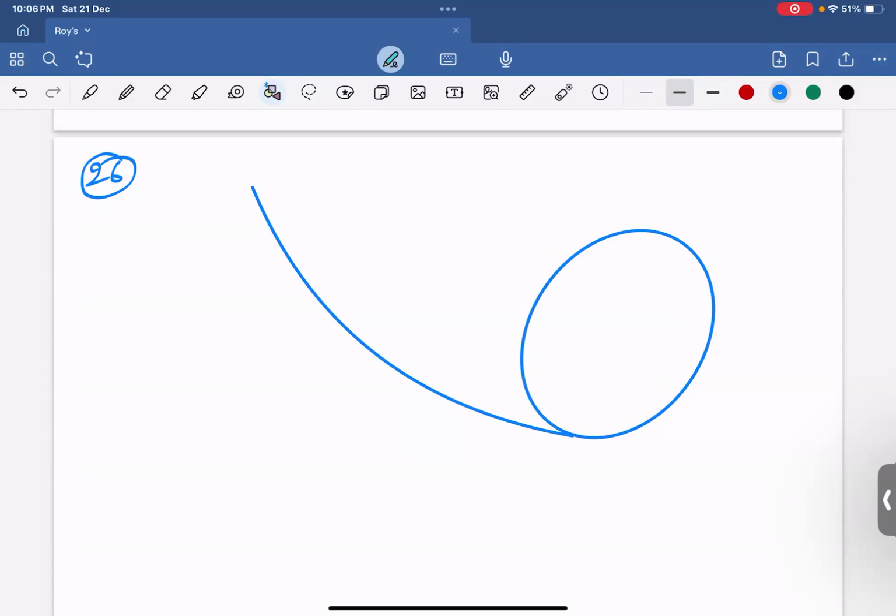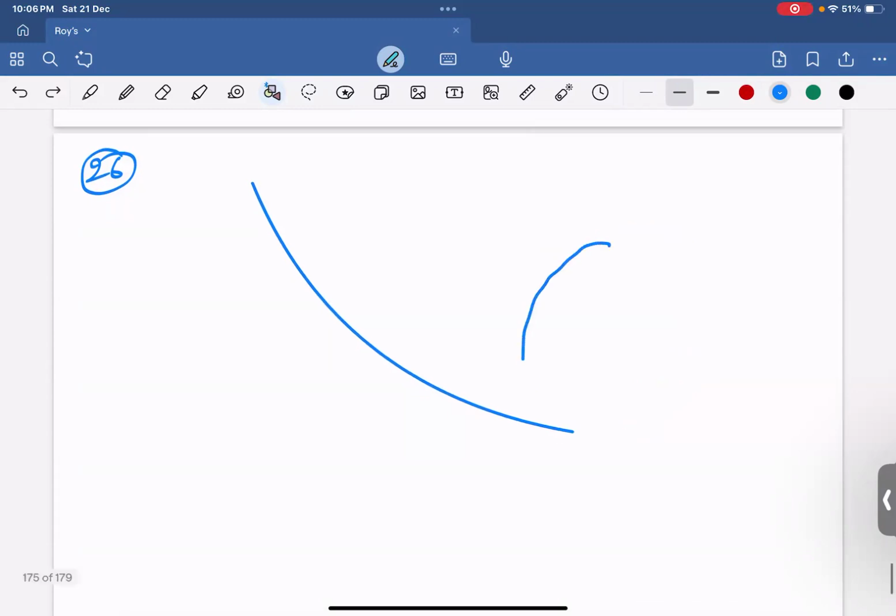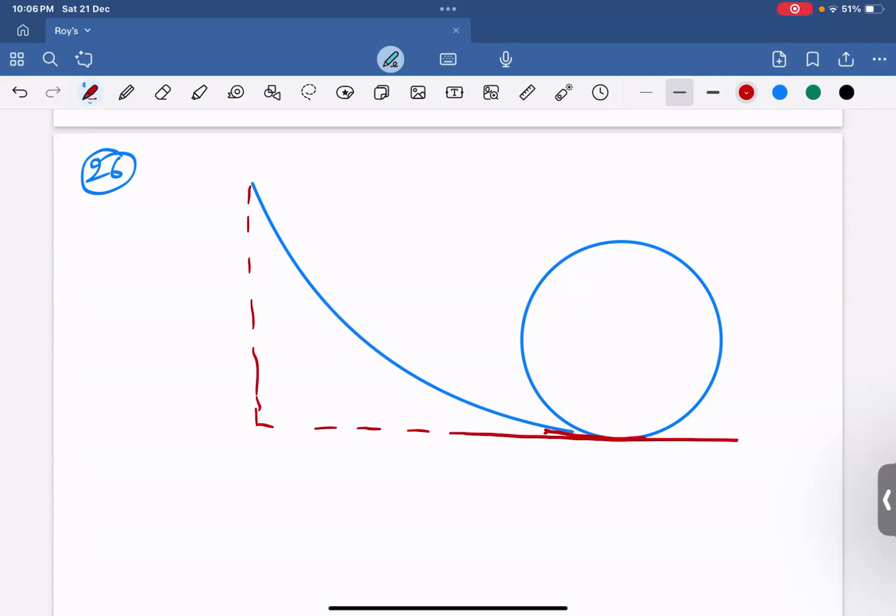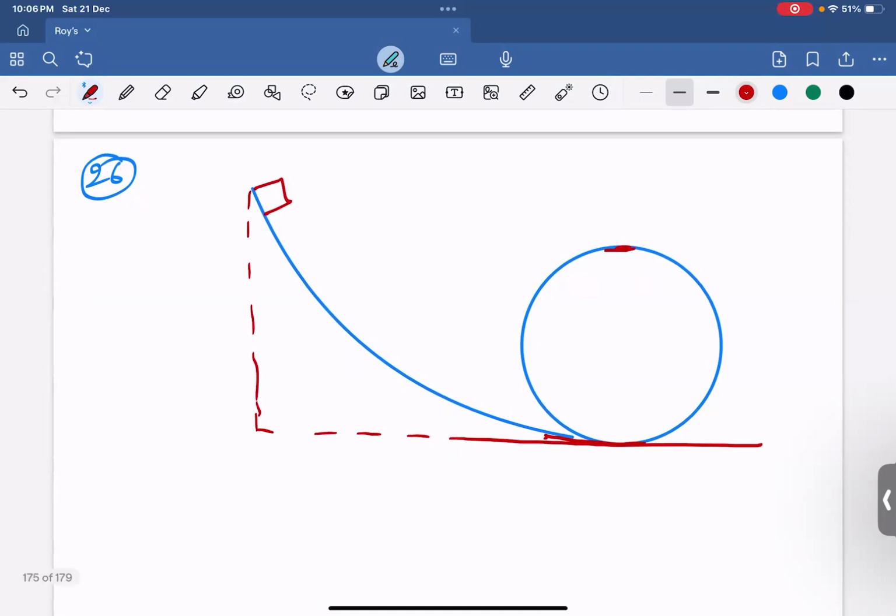If I say the circle here is completed, the body completes the circular track, let's suppose. So what do you think, if the particle is moving like this here, first it has come from some height. This is the ground, you can see here, and it has moved here and then it goes inside and it is here.